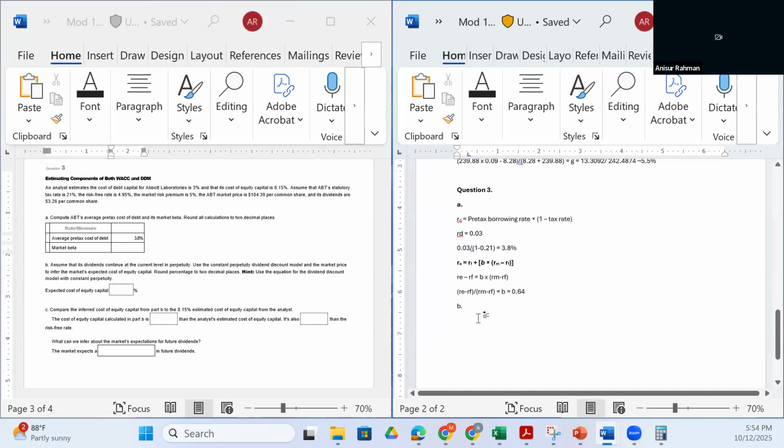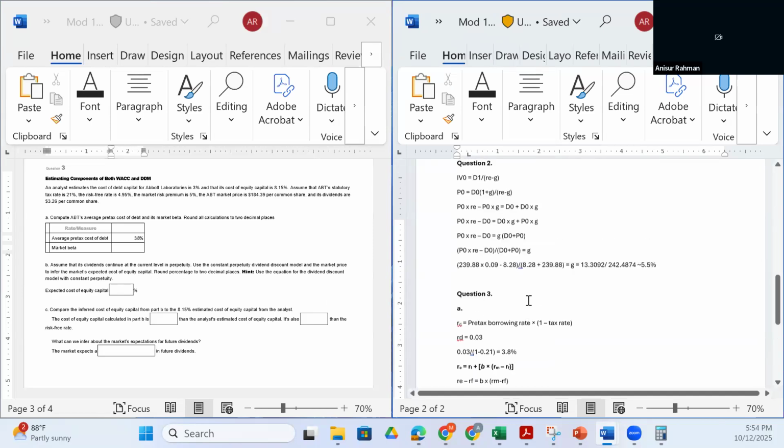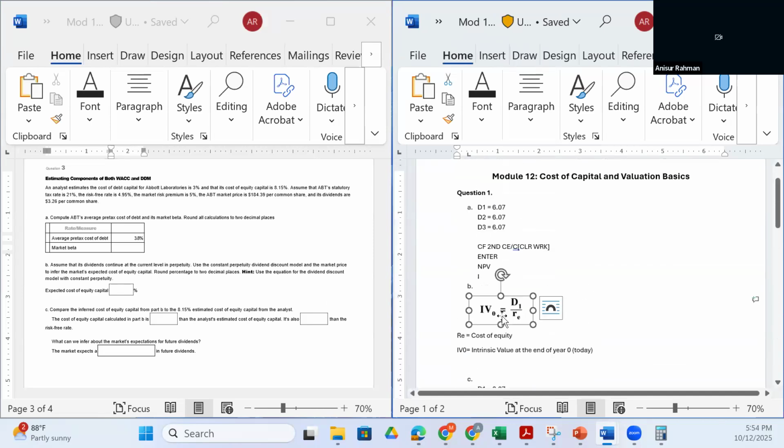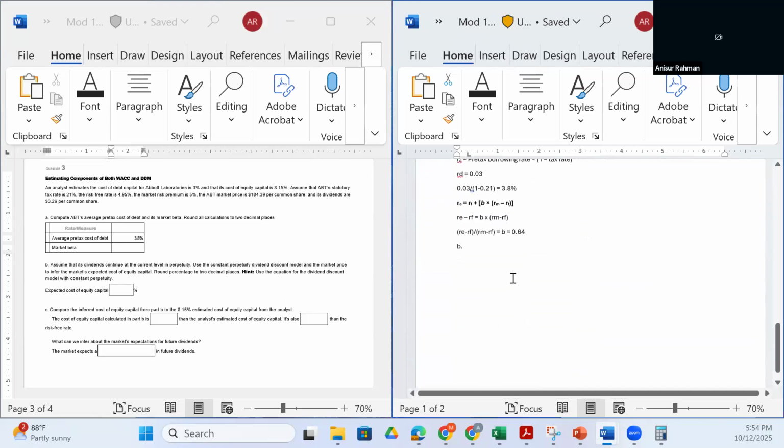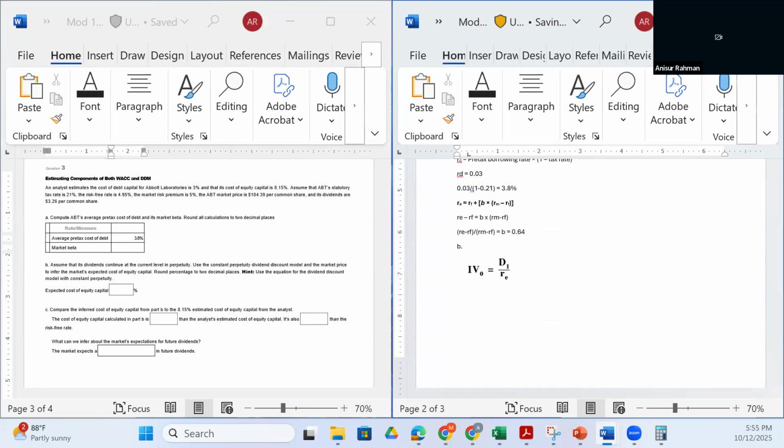As per the constant perpetuity model, this is what we have. To find out RE, we can swap this numerator with this denominator. So RE will be our D1 divided by intrinsic value at time 0.